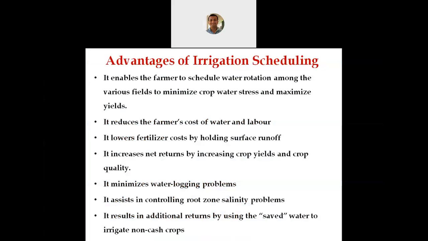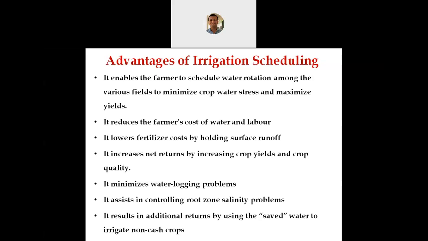Now, what are the advantages of irrigation scheduling? It enables the farmer to schedule water rotation among the various fields to minimize crop water stress. It reduces the farmer's cost of investment by saving water as well as labor. Moreover, when we apply a huge amount of irrigation, it dilutes the salts or fertilizers, and it leaches the fertilizers from the soil or root zone.